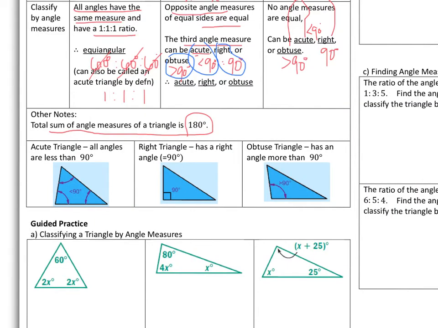So just to re-explain that one more time, for a triangle to be acute, all angles are less than 90 degrees. And to be a right triangle, you need to have at least one angle equal to 90 degrees. And for a triangle to be obtuse, you need to have at least one angle greater than 90 degrees. Okay.